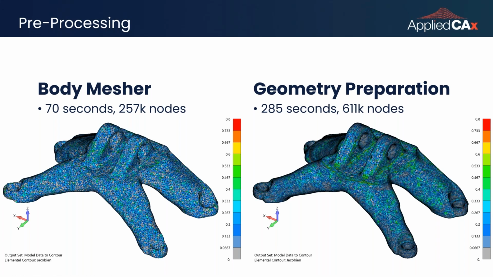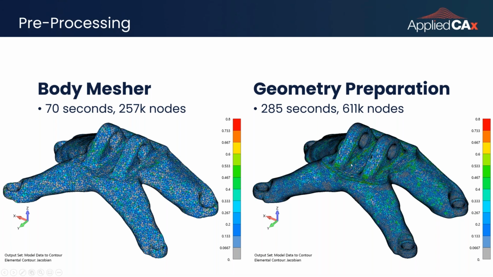One other thing I noticed with this was the mesh quality. The body mesher gave me Jacobians between 0.6 and 0.8. There's actually only 13 elements in this upper range of poor element quality. As for the geometry preparation, you're looking at 500 elements in that same range.